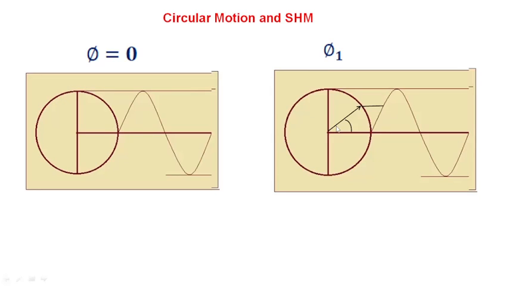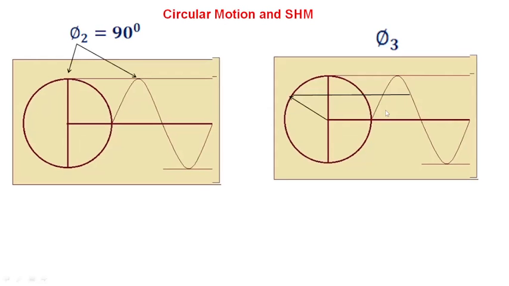So a certain angle is, suppose, phi 1. Then corresponding to that is the simple harmonic motion of the particle. Again the angle is increasing and it becomes 90 degrees. Then the peak of the simple harmonic motion, that is the amplitude, is shown here. Again this circle is continuously rotating in this manner.